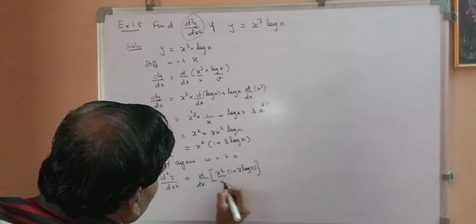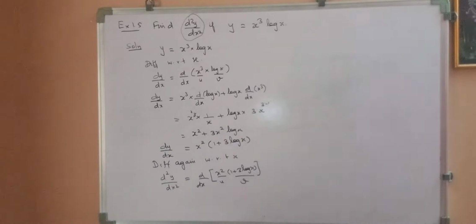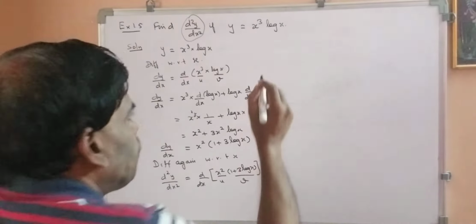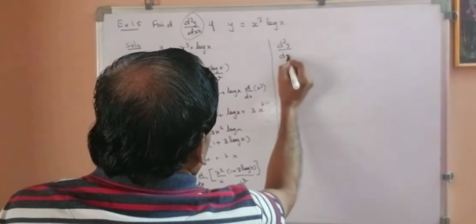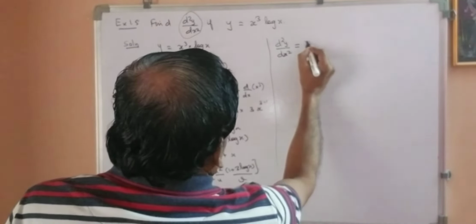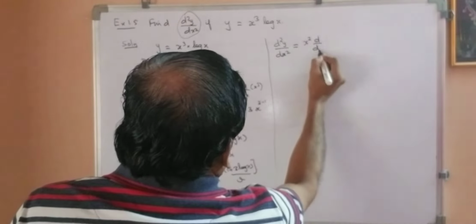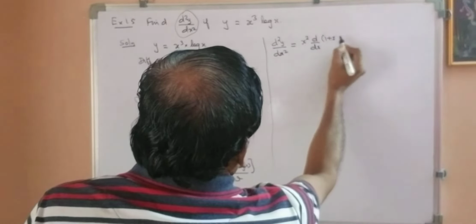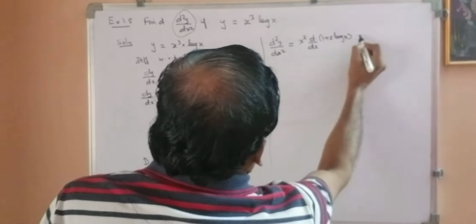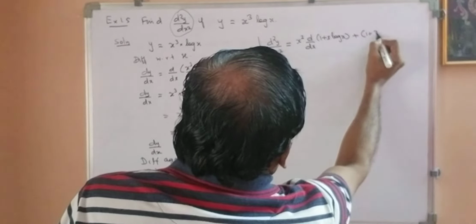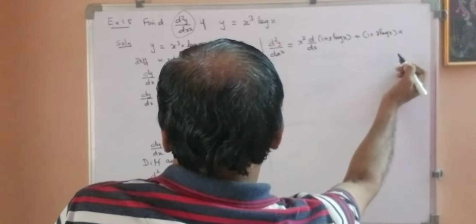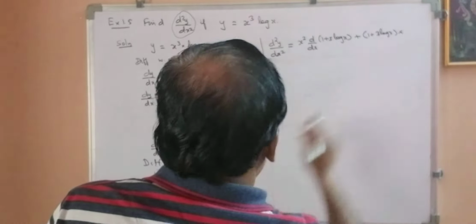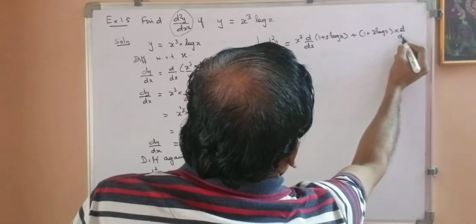Now, this is u, this is again v. So, UV formula: keep x square, differentiate the other one, then keep the other one and differentiate x square.